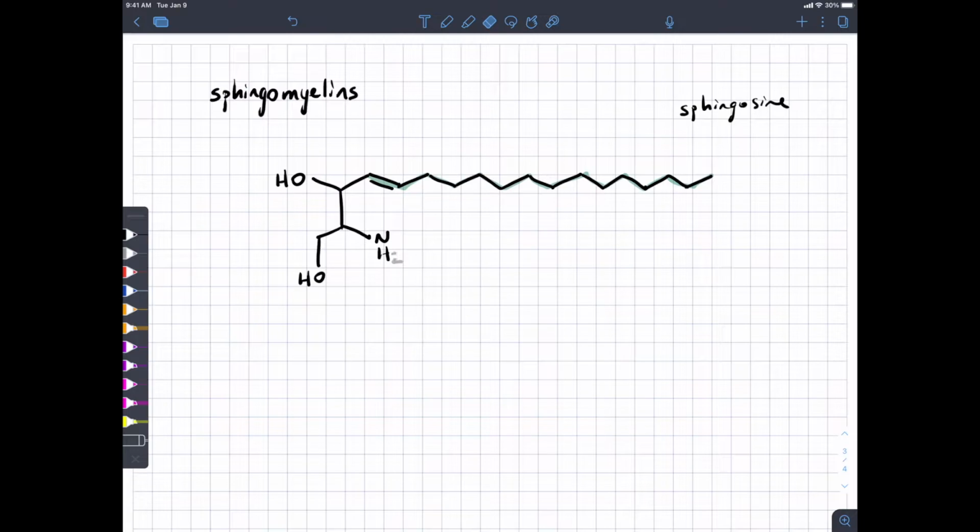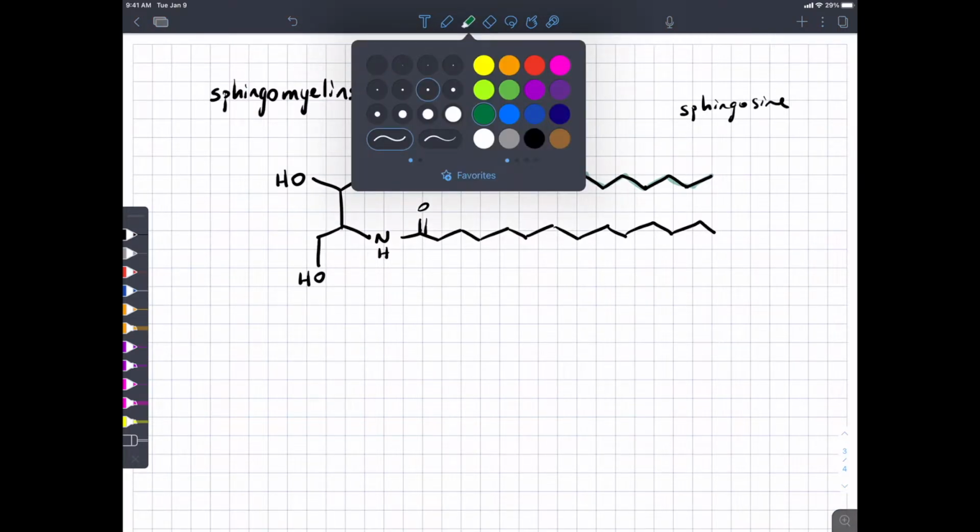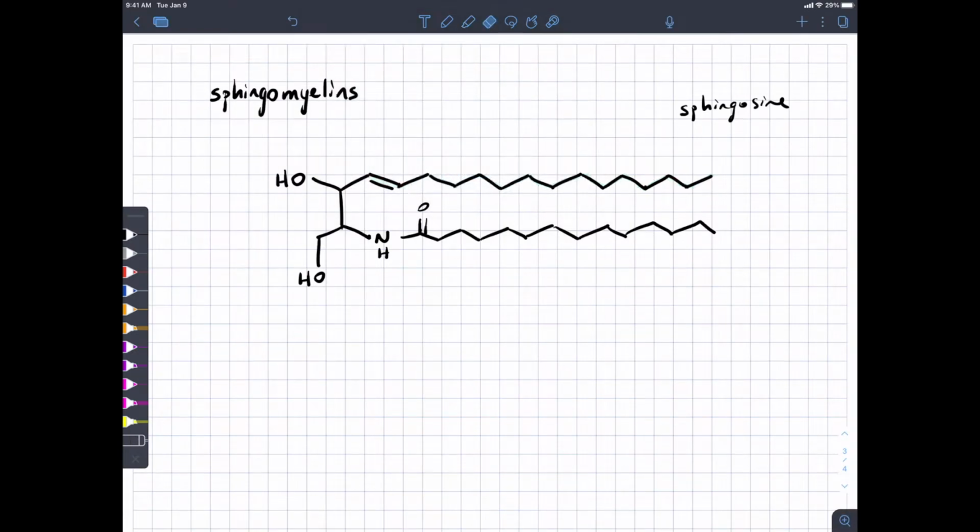And then the nitrogen gets modified as an amide with another fatty acid to make a second nonpolar tail. And I'm not worrying about how many carbons long that is. Starting to see the resemblance with the phospholipid.